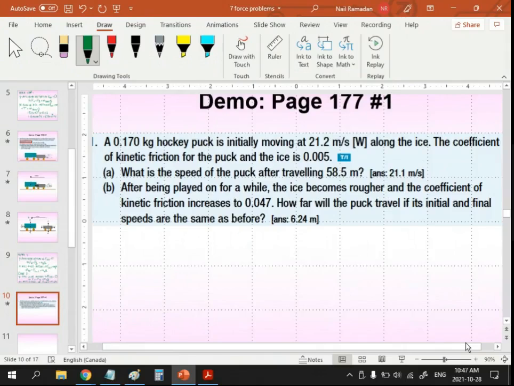Can you guarantee that's going to happen in that distance? Maybe, maybe not. The question is just saying, after traveling this far in space, how fast it's going. You know one thing. Could it be going faster than that speed? It has to be going what? So your logical check for your number is that it has to be lower than what? 21.2. Is that making sense?